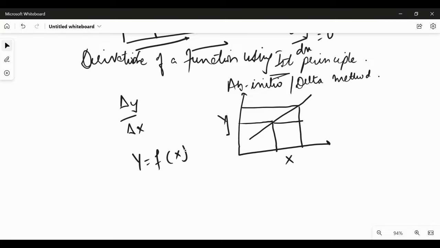Clear? Now, if we use the first principle, what we have to do is first of all write down the value of slope. Slope is this.